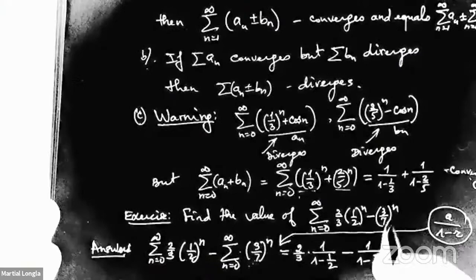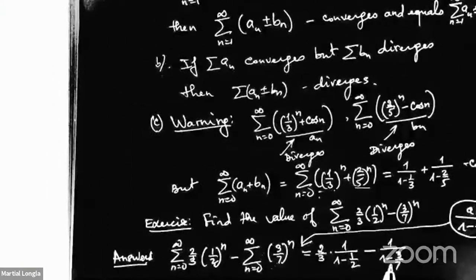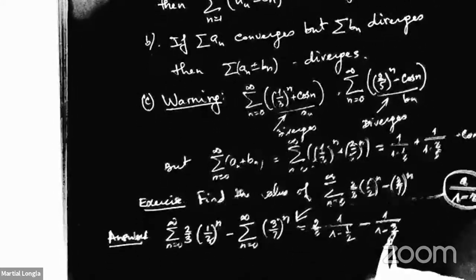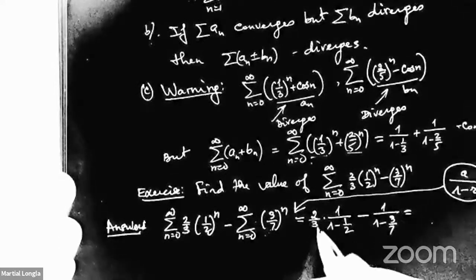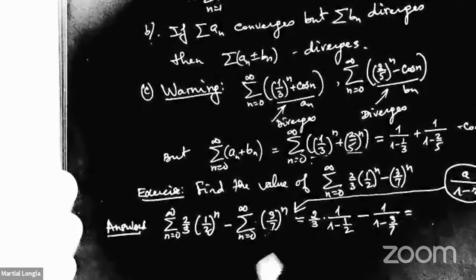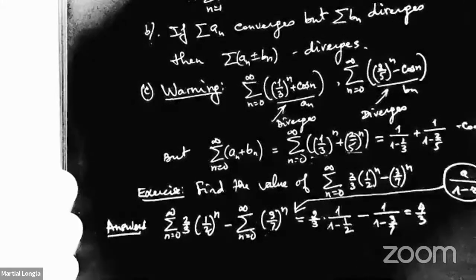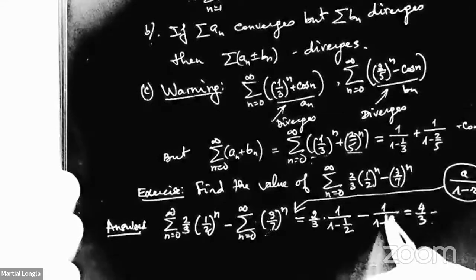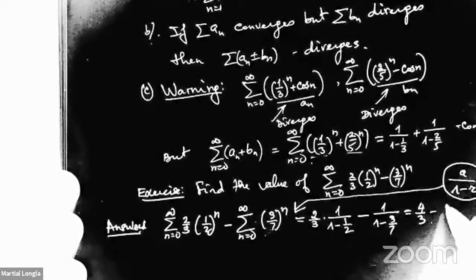And now you figure out with the algebra. If you're good at algebra, you get the right answer from here. If you're not good, it's not that bad. So we compute this. That's going to be 1 minus 1/2, that's 1/2. So 2/3 over 1/2, that's 4/3. Then you have minus 1 minus 3/7, that is 4/7, and 1 over 4/7, that's 7/4.